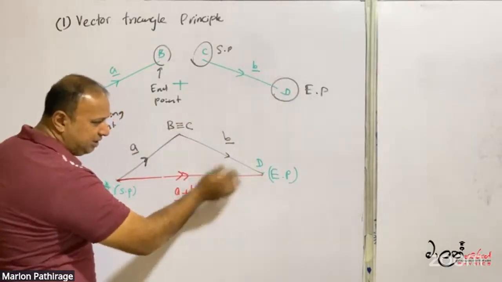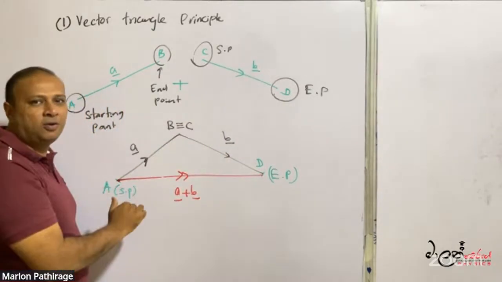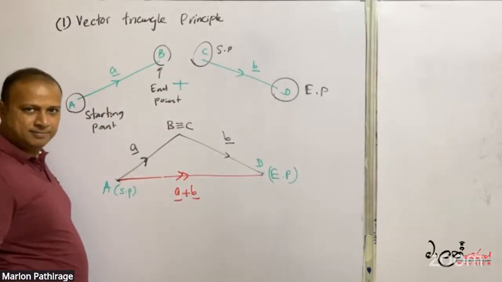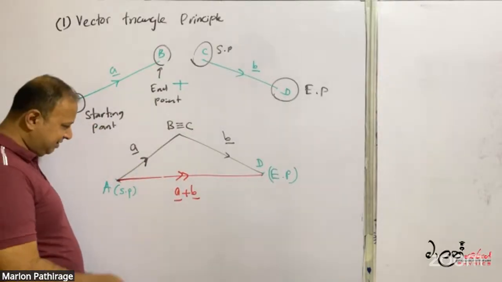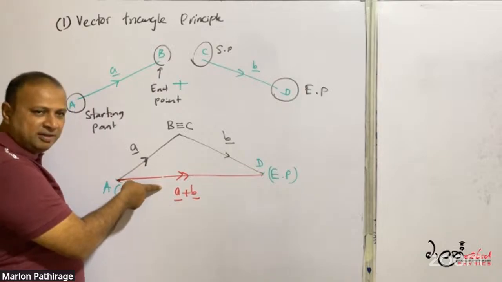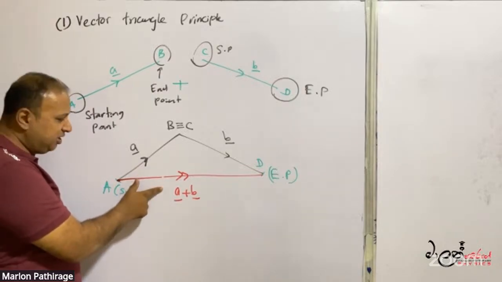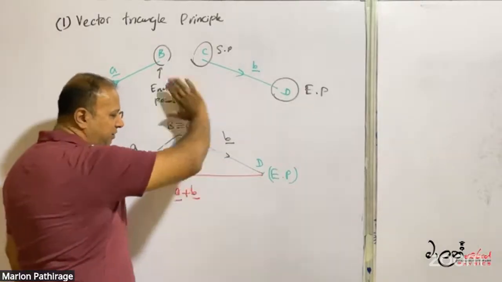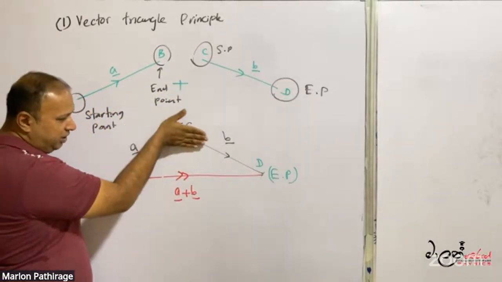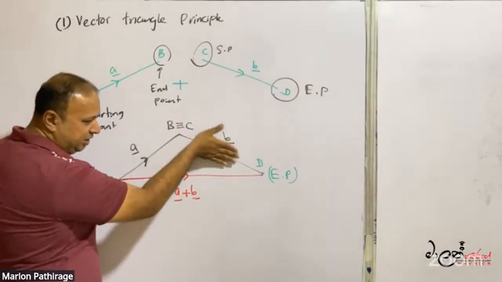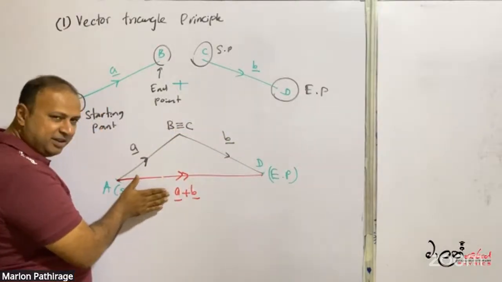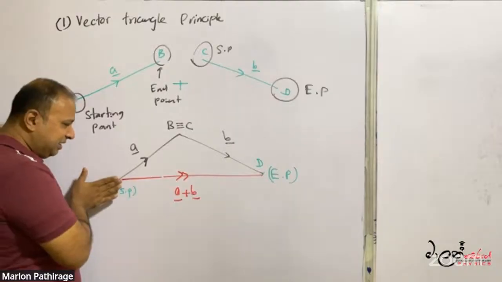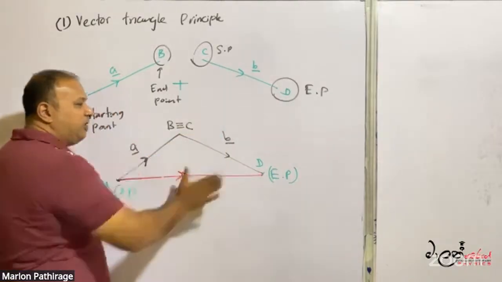Same way means either clockwise or anti-clockwise. And this addition vector is moving the opposite way. If these two are moving in a clockwise direction, this vector, it is very clear, is moving in the other direction.